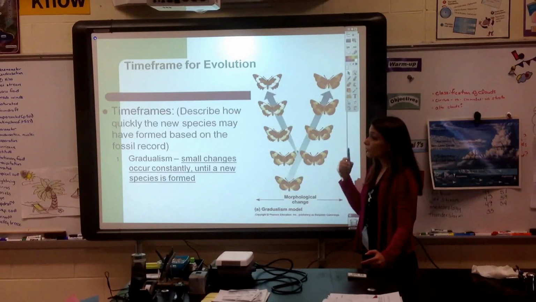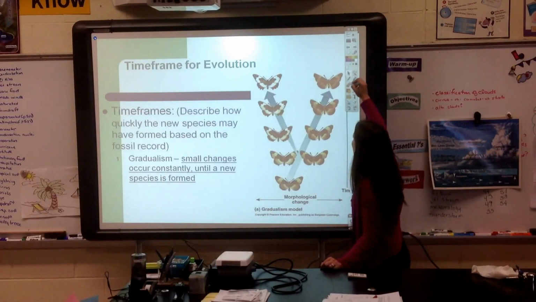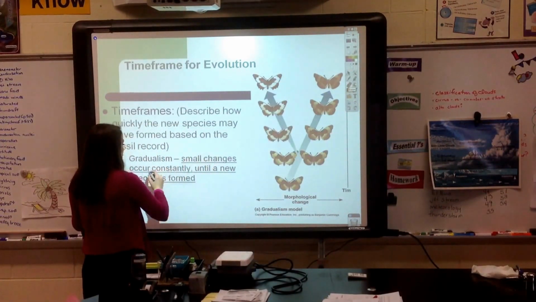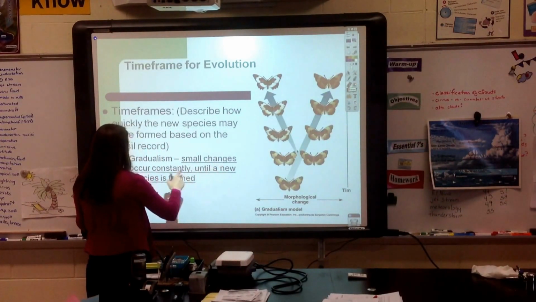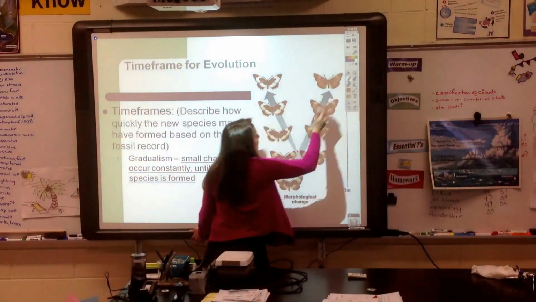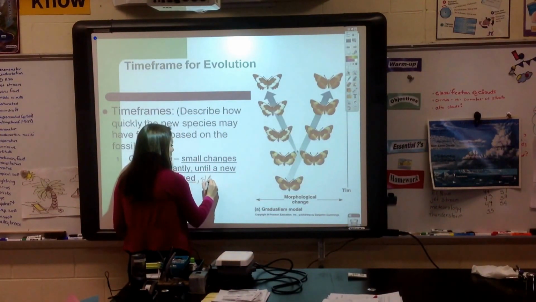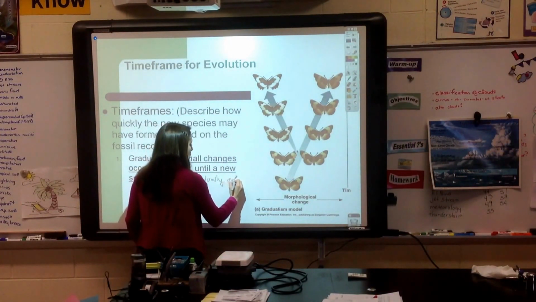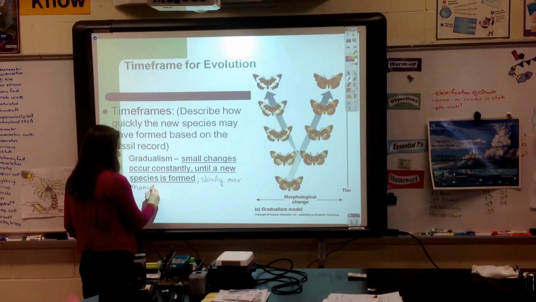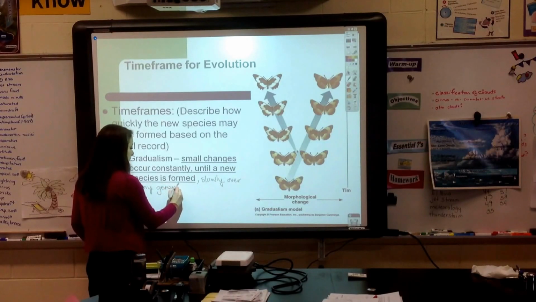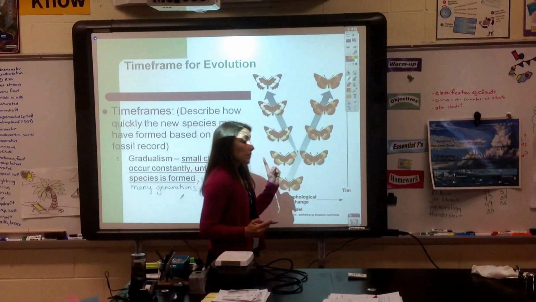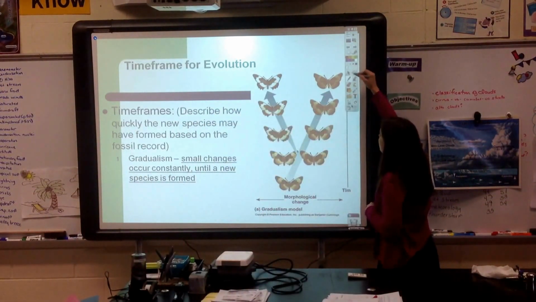And so we call this gradualism because gradually also means slowly. So small changes occur constantly until a new organism is formed. We want to add into this slowly over long periods of time, or we could say over many generations. So that time frame is called gradualism.